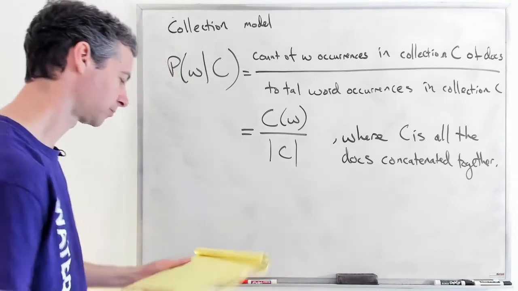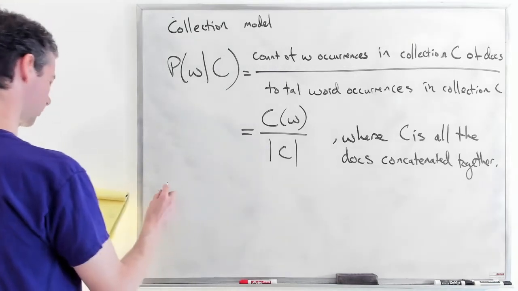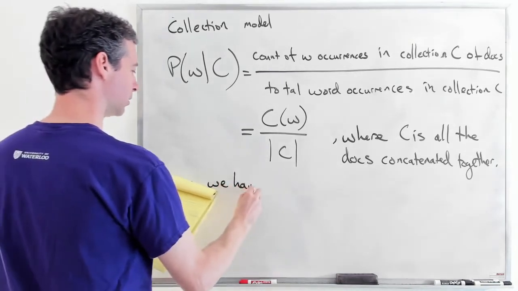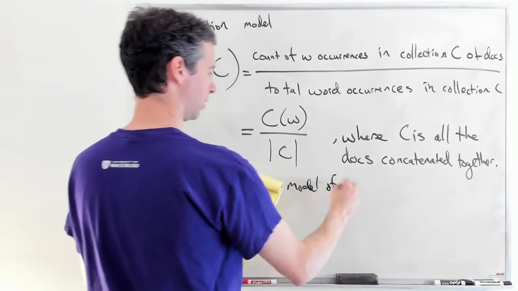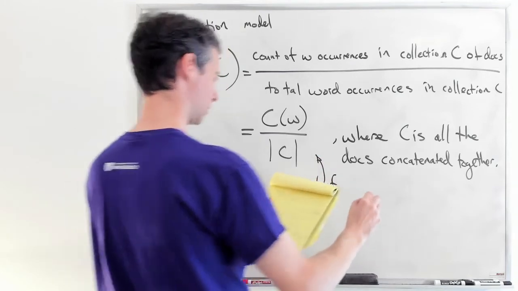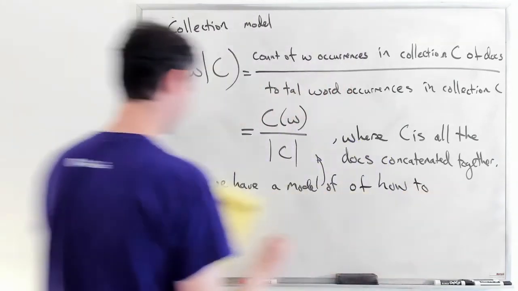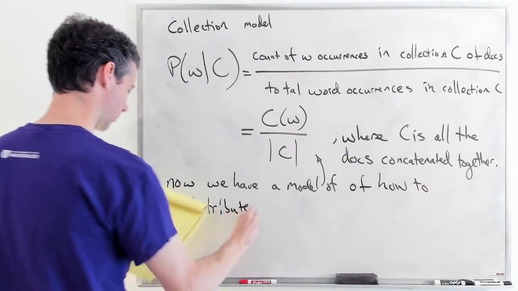All right. So what does this do for us? Well, now we have a model for how to distribute pseudo counts.